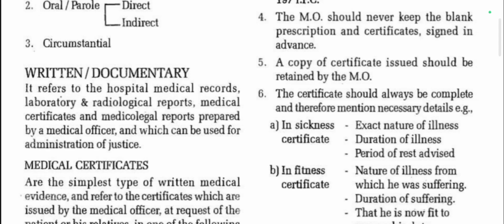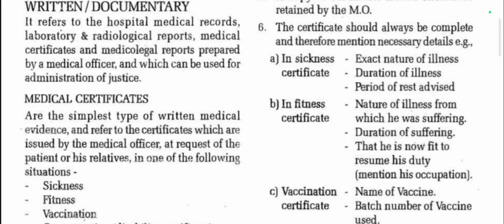The certificate should always be complete and therefore mention necessary details. In a sickness certificate: exact nature of illness, duration of illness, period of rest advised. In a fitness certificate: nature of illness from which he was suffering, duration of suffering, that he is now fit to resume his duty, and mention his occupation. So you just have to be careful with the format and details.